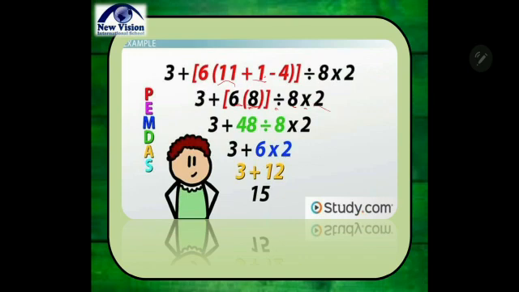So still we have brackets. So 6 times 8 equals 48. So rewrite: 3 plus 48 divided by 8 times 2. Next, from left to right. So divide first. 48 divided by 8 equals 6. 3 plus 6 times 2. Multiply 6 times 2 equals 12, plus 3 equals 15.